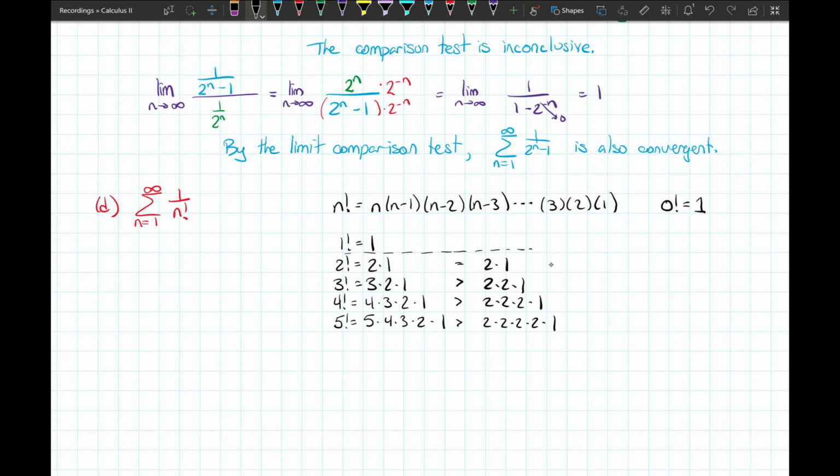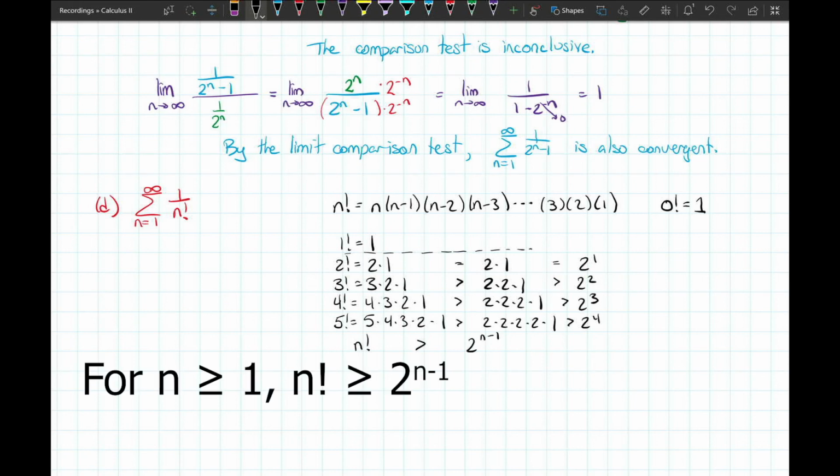So 2 factorial is equal to 2 to the 1. 3 factorial is greater than 2 squared. 4 factorial is greater than 2 cubed. And 5 factorial is greater than 2 to the power 4. In general, n factorial is greater than 2 to the power n minus 1. And that gives us a nice comparison between factorials and geometric series. So let's start off there.